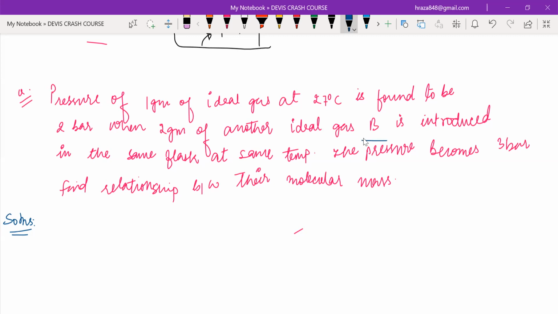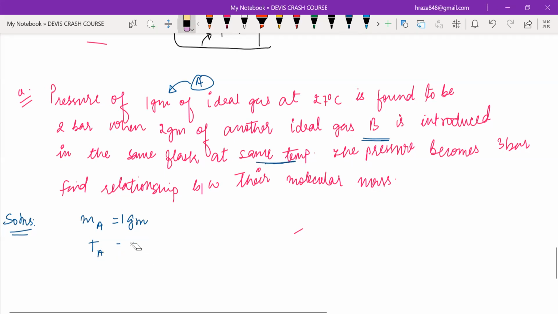You can see there is a B and there must be an A. That means the pressure of 1 gram of an ideal gas A. Let's say there is A that is 1 gram, which I'm going to write here, at a temperature of 27 degrees centigrade, and both have the same temperature, so we don't need to deal with temperature. Now, mass is given, pressure is also given. Partial pressure of A is 2 bar, right?